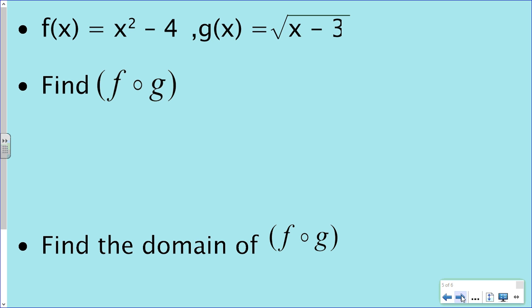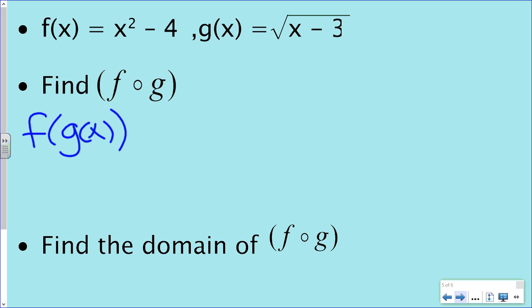Okay, so first let's just focus on finding the composition. Let's talk about the algebra involved to do that. Some of you may not like this notation. That's fine. I don't have a problem with that. Write it like this: f composed with g. I like writing it like this because we can visually see.